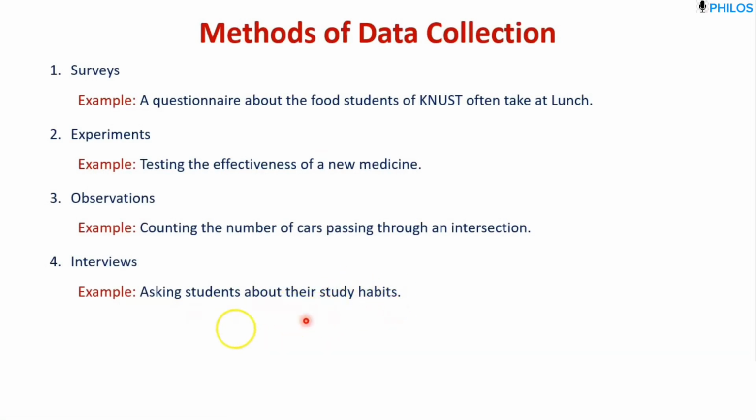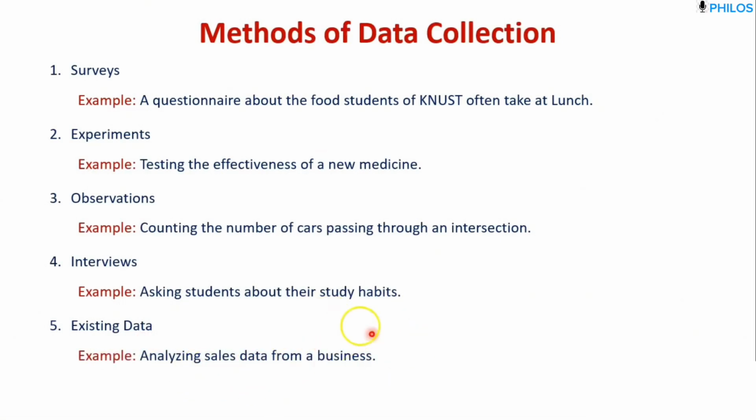And another one is existing data. This is when you use previously collected data such as census or company reports. One example is analyzing sales data from a business. You can take the existing sales data of a business and use it for analysis.